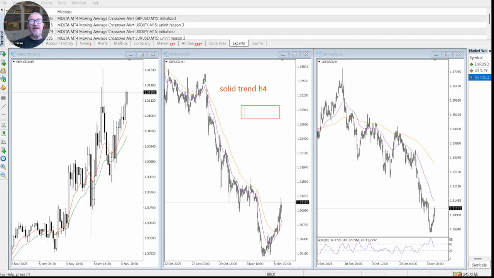We must have a matching trend on H1 to follow that along, and then on the M15 a crossover must exist, and direction must be the same. My writing isn't the greatest, sorry about that. Anyway, that's how this works. That's the entire premise of this trading routine.